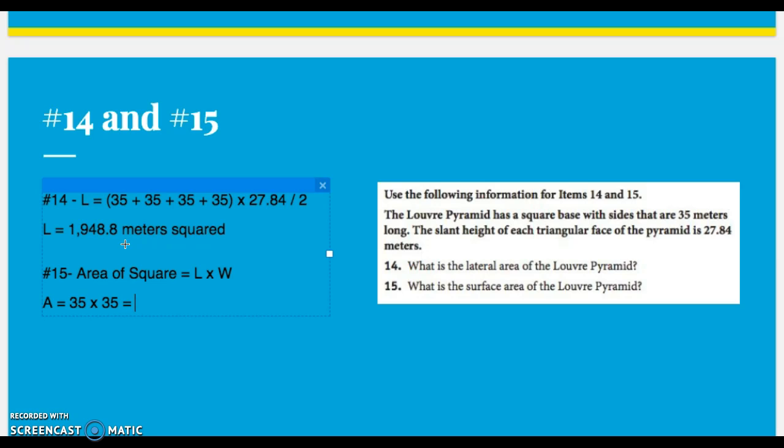And 35 times 35 gives us 1,225. To get surface area, take your 1,225, add it to your lateral area from number 14. And we are going to end up with a total of 3,173.8 meters squared.